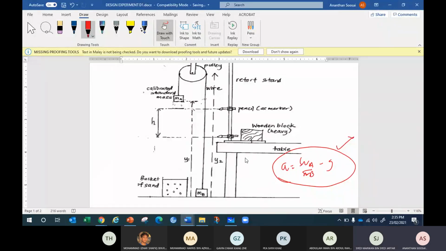Okay. That's what you should do. But don't say this is valid. You say if the graph is like this, the gradient is like this, then this equation is valid. So we need to design an experiment just to prove that the equation is valid. You are giving an idea to the science world that to prove this relation, this is how the experiment should be done. Okay.